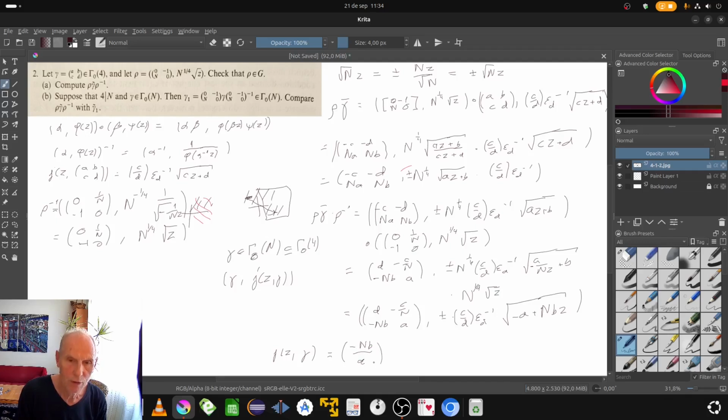Oh, that's weird. Times epsilon a to minus first square root minus nbz plus a.